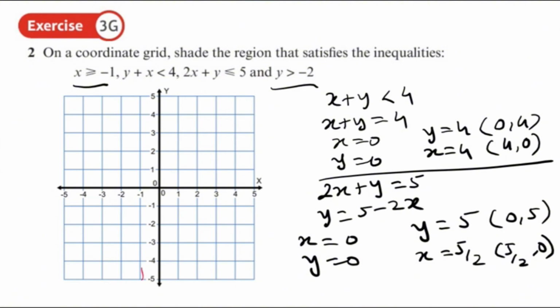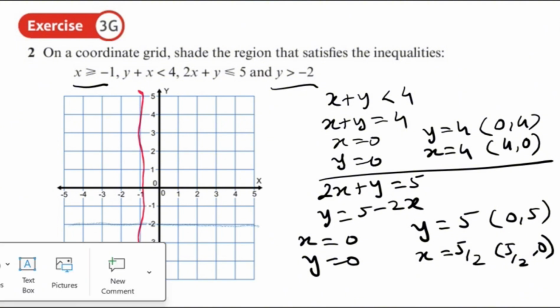So this is the line x is equal to -1. The second is the y is equal to -2 graph. Because an equal to sign is not there, we have to use a dashed line. So I'm using this line. It's not clear. Let me use this one.